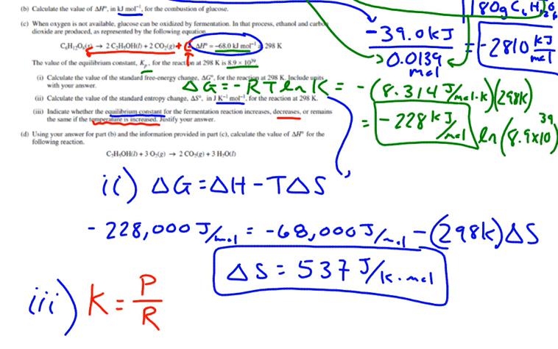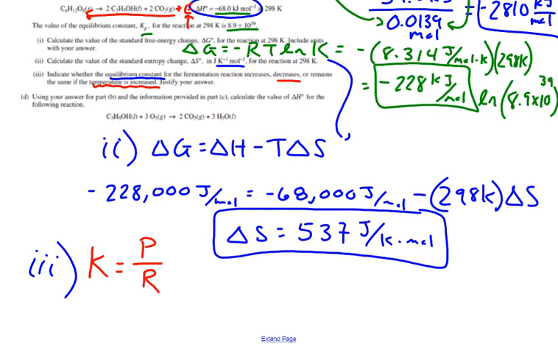K decreases because this is how I would say it. State the facts. K decreases because it's an exothermic reaction which would drive the reaction towards the reactants. Or you could talk math. It will cause the numerator to decrease and the denominator to increase. You could talk about that if you wanted to. But either way, it's going to drive it to the left, which will cause the K to be less.